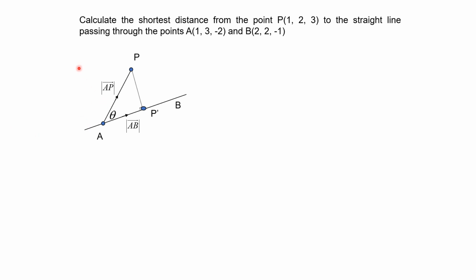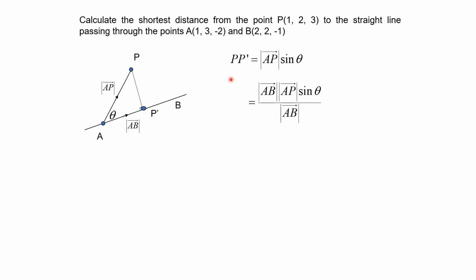So obviously the shortest distance mathematically has to always be perpendicular to the opposite side. So in this case, P and P prime, we are taking P prime. The point is directly perpendicular, so this angle P prime A is 90 degrees.